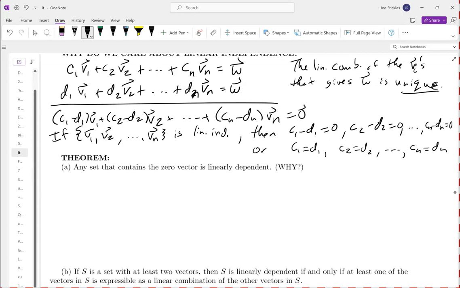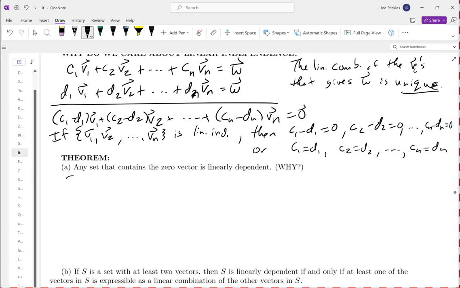Let me just talk about the first part of this theorem here. For the first part, it says that any set that contains the zero vector is necessarily linearly dependent.